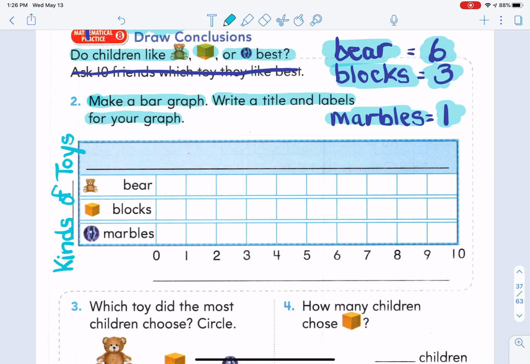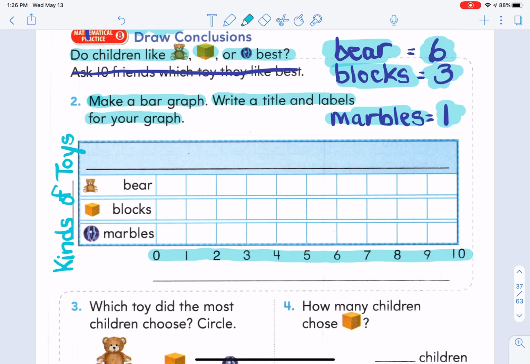Now, let's take a look at the label that goes on the bottom. We've got some clues there as well. Look at these. Those are numbers. They go in order. What are those numbers of? Well, if you remember from the directions, those were the numbers of children.